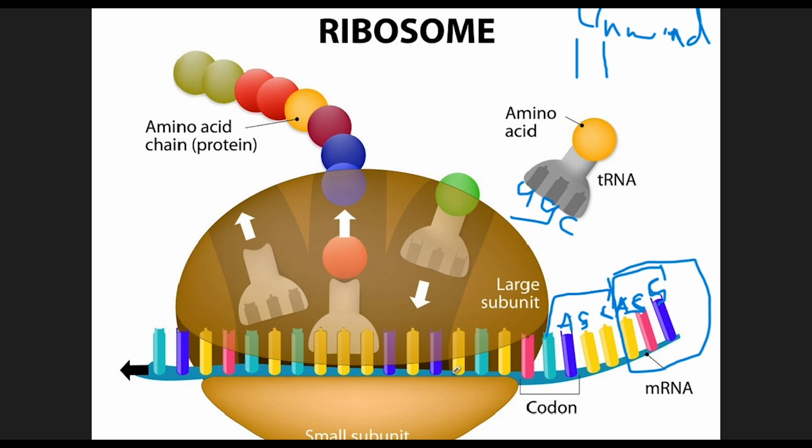Once that has happened, the transfer RNA comes with the correct amino acid and its anticodon. The process will continue until we have many amino acids held by peptide bonds, and the protein will be formed.